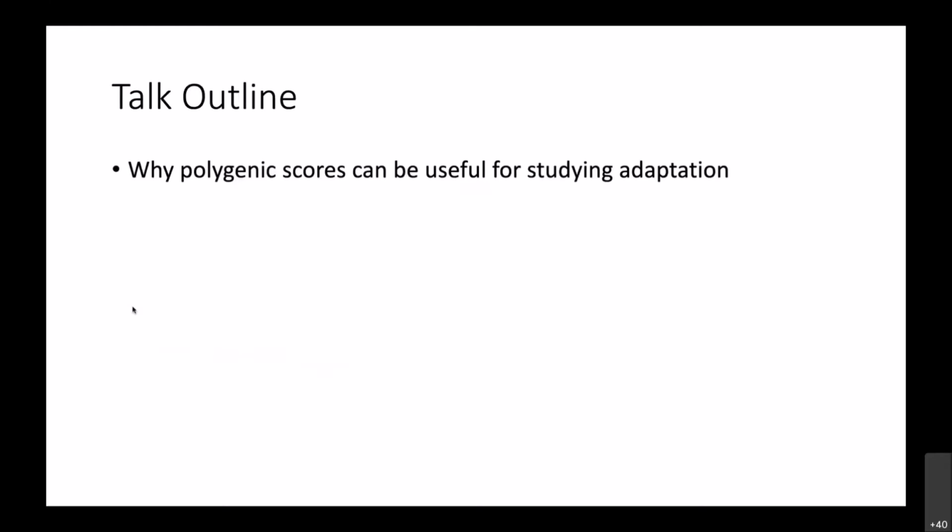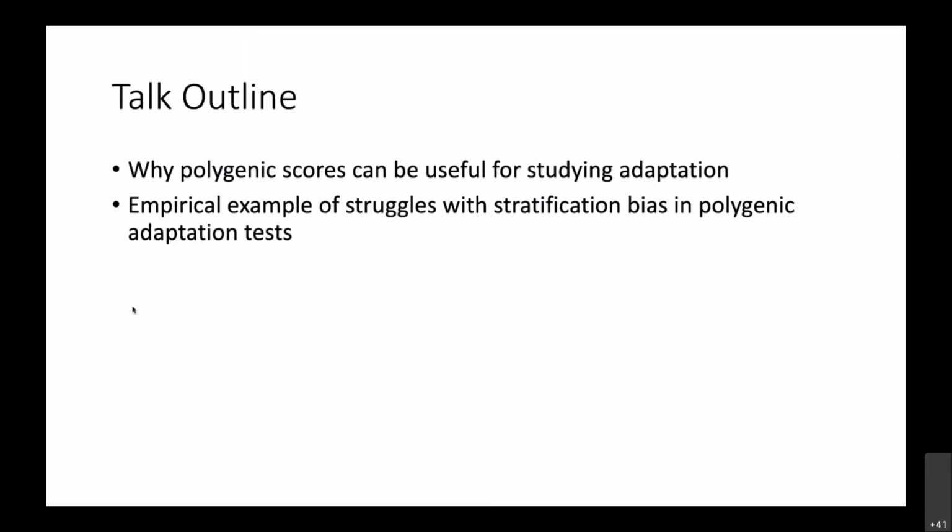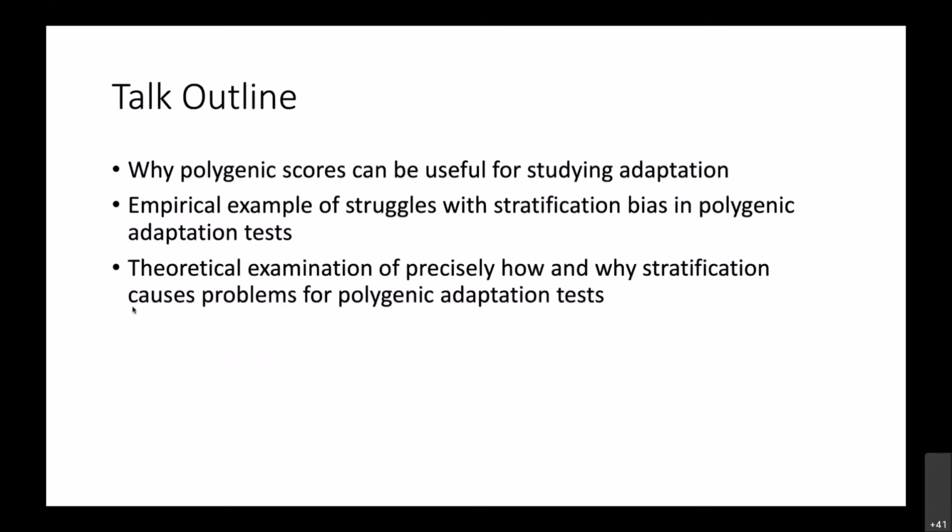So I've given a pre-outline. Here's the outline for the talk. I'll start by talking about why polygenic scores can be useful for studying adaptation, particularly in humans. I'll give you an empirical example of struggles with this thing that we call stratification bias in polygenic adaptation tests, and I'll explain more about what that is as we go.